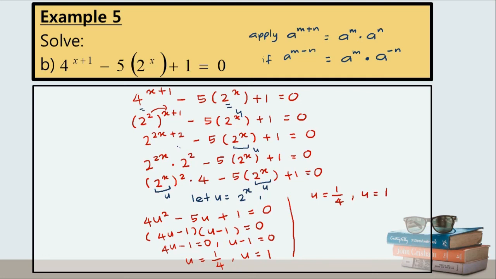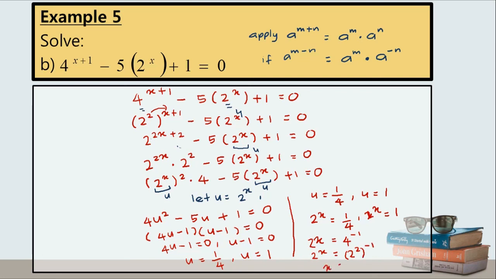Since our u is 2 to the power of x, so 2 to the power of x equal to 1 over 4 and 2 to the power of x equal to 1. Using rule of indices, 1 over 4, we can change it into 4 to the power of negative 1. So 2 to the power of x equal to 2 squared, to the power negative 1.